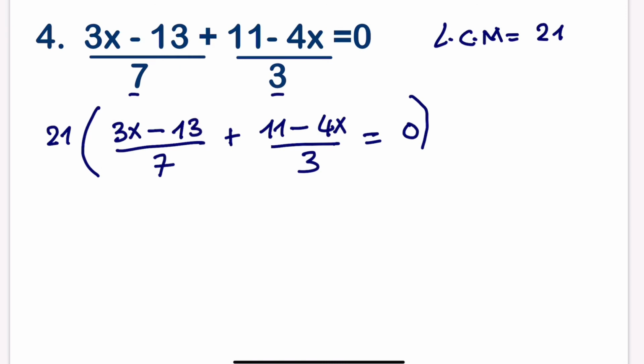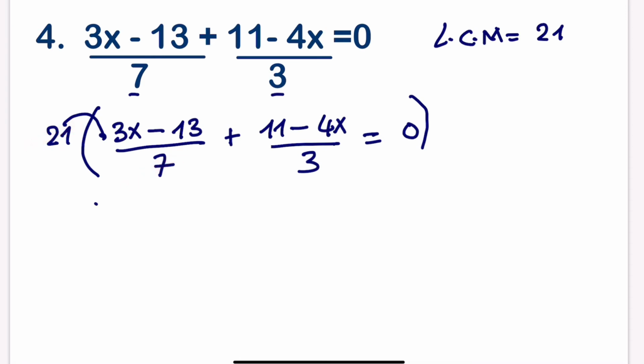Let's start with this first term times 21. 21 divided by 7 will give us 3.